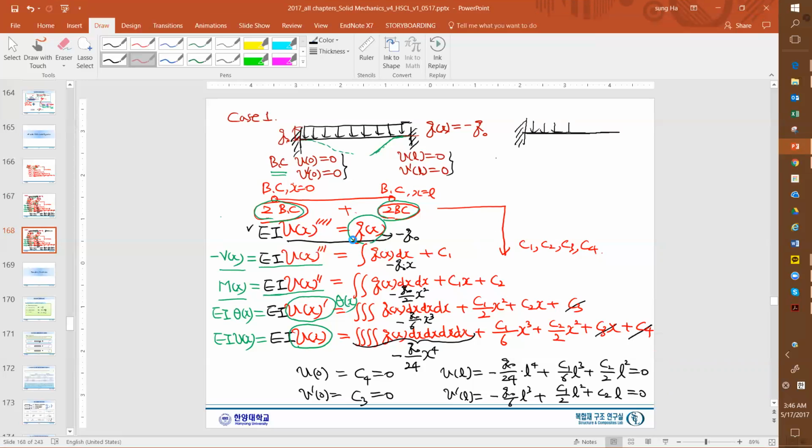What I'm trying to say is that on the left-hand side and the right-hand side, we're going to have two boundary conditions. Sometimes clamped: in clamped, deflection is 0 or the derivative is 0. Sometimes free. Free means that moment equals 0 or shear force equals 0.